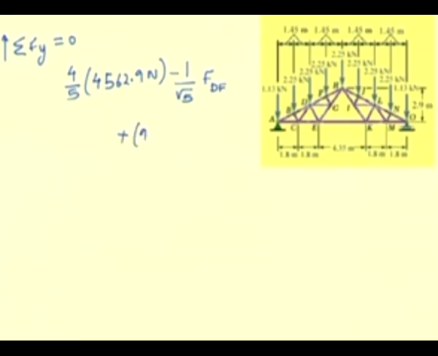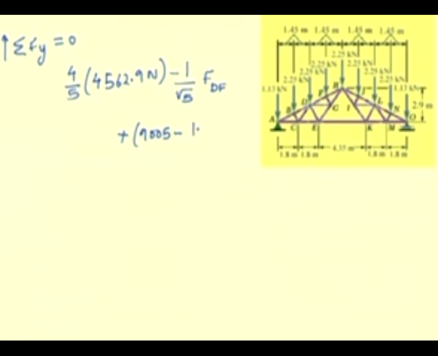plus all these vertical forces, that is the reaction force at Ay, which is 9005 newtons, then all the applied forces which are downward.